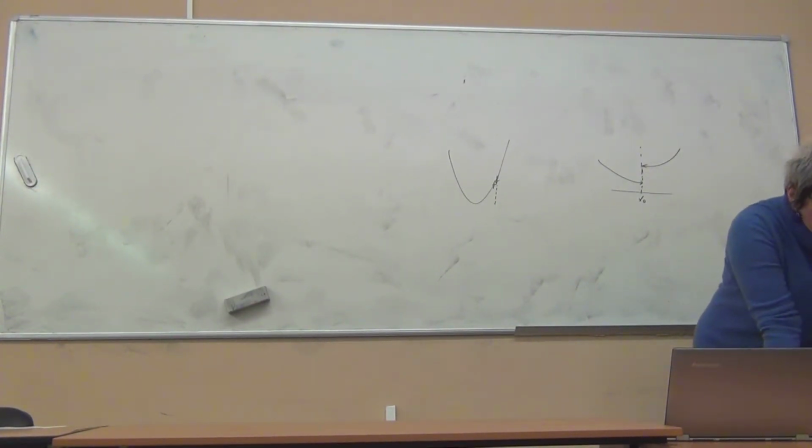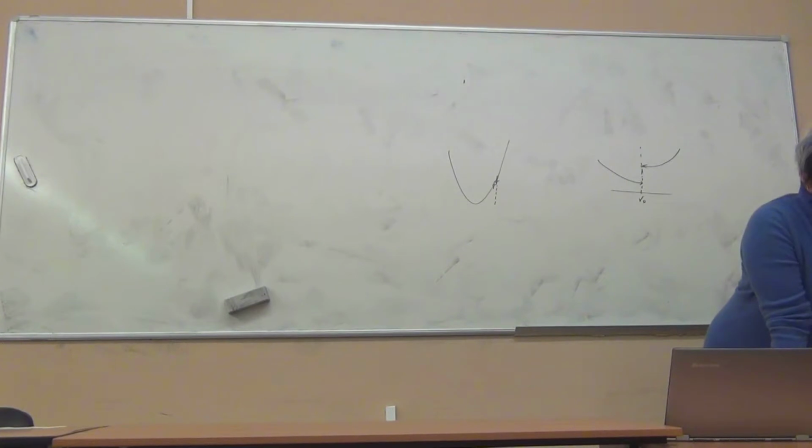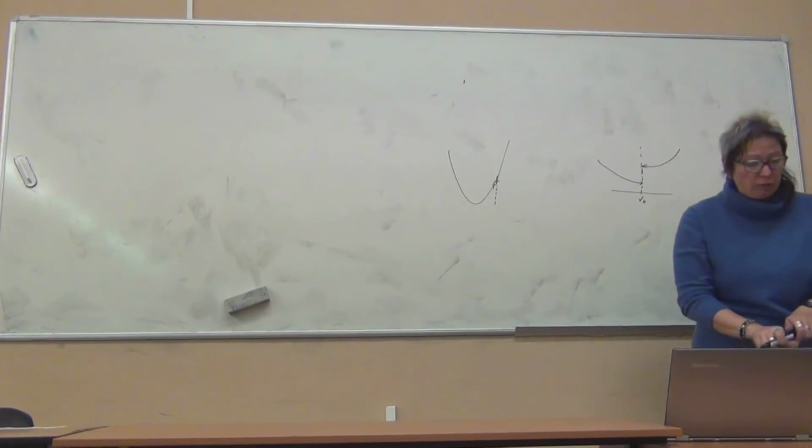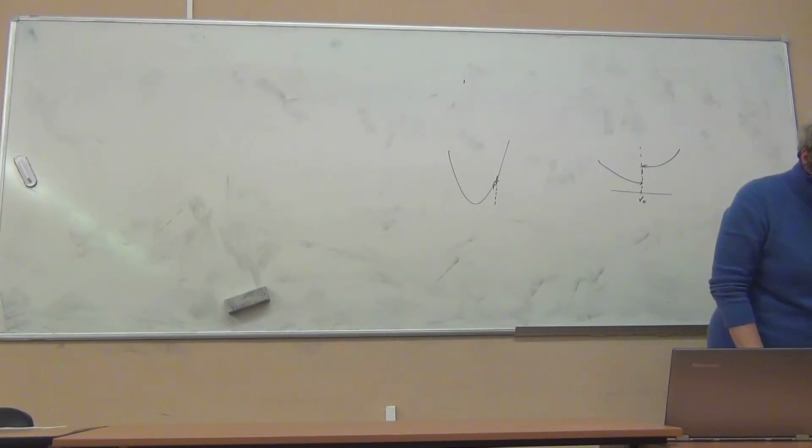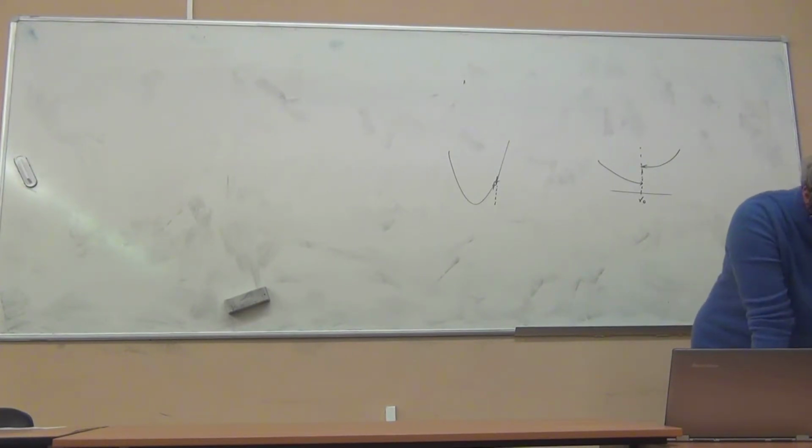And type 2 discontinuity involves infinity. At least one of the one-sided limits is infinity. It could be both, but at least one is infinity, so it's the last picture on this sheet. As x tends to x0, the function value tends to infinity.